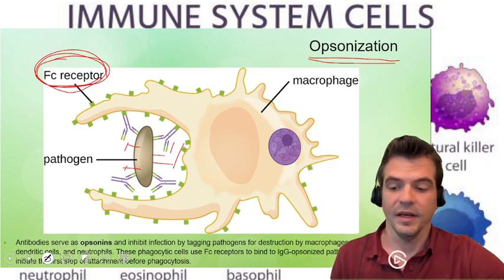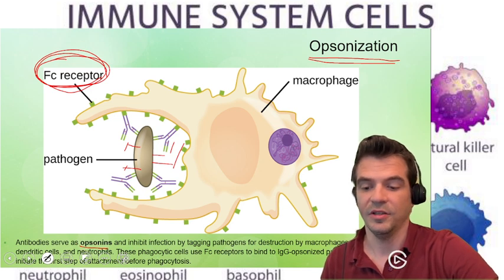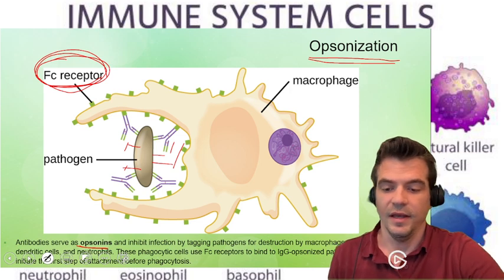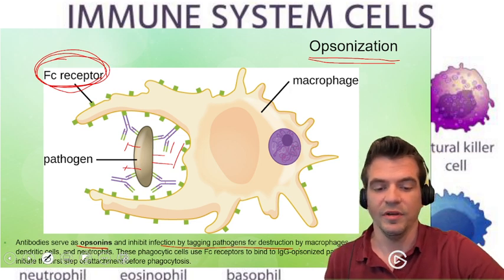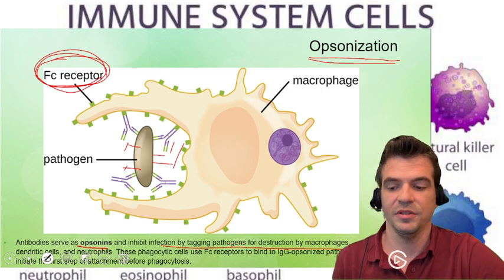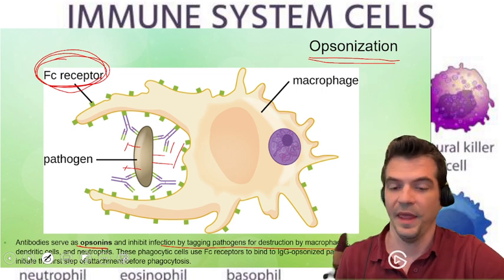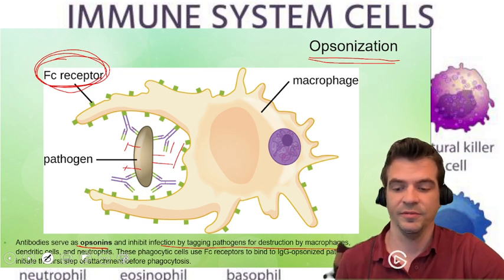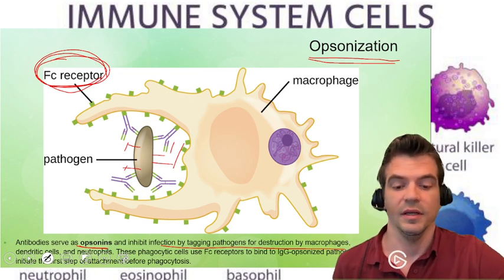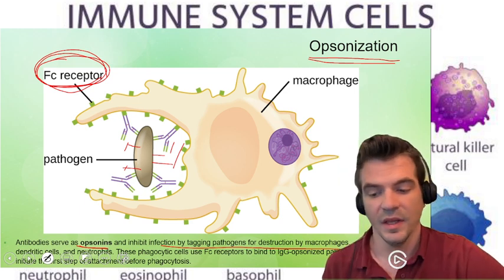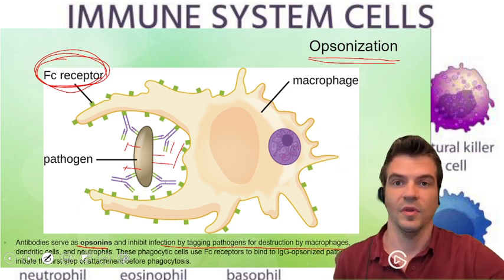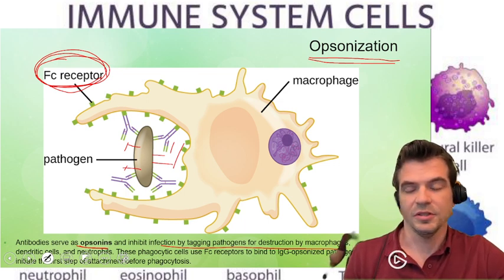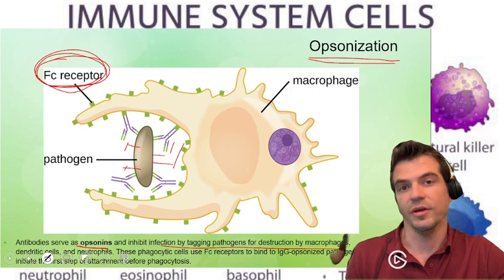And so antibodies in this case serve as opsonins, and they inhibit infection by tagging the pathogen for destruction by the macrophages, dendritic cells, and neutrophils. Anything that can recognize those antibodies with an Fc receptor will bind to these IgGs and destroy it. Okay, so that is another way we can use our antibodies.